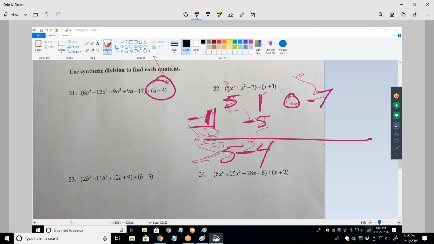You're always multiplying the number in the box times the number below the line. Is it +4? Yeah, -1 times -4 is +4. Now add. 0 plus 4 is 4. Now multiply.